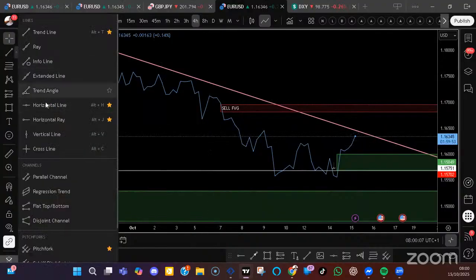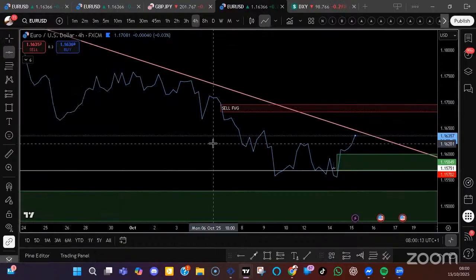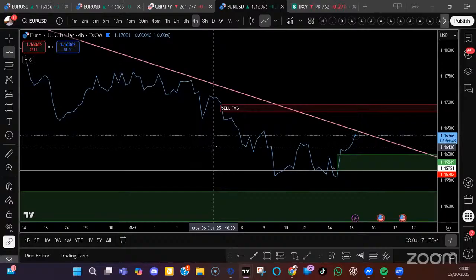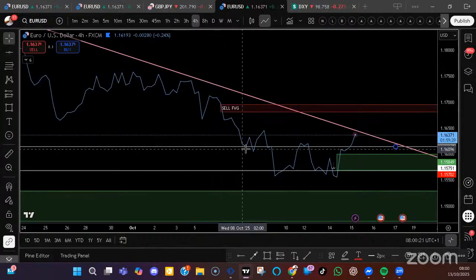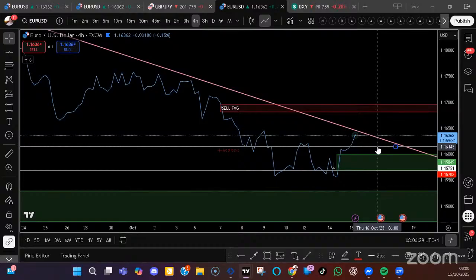Here is a significant line, horizontal line. Just there. Testing, testing, testing. So that line there on 1.16145.